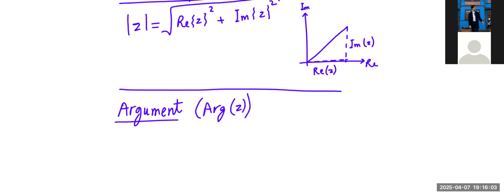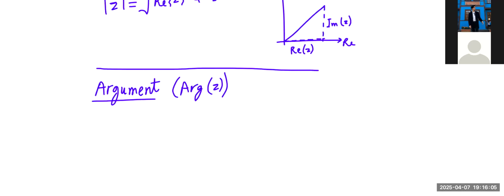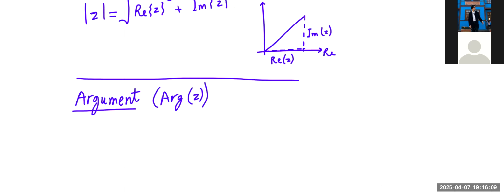It sounds like it's going to be something really complicated to understand. But the argument of a complex number is simply the angle that it has with the x-axis. This is called the argument of the complex number. And if I remember correctly, it's denoted by theta. So we normally call it just theta for a complex number.